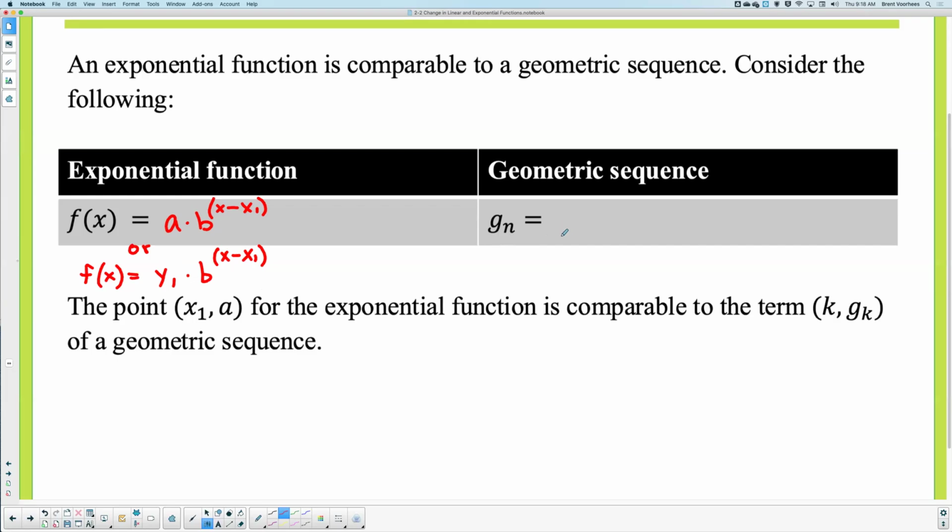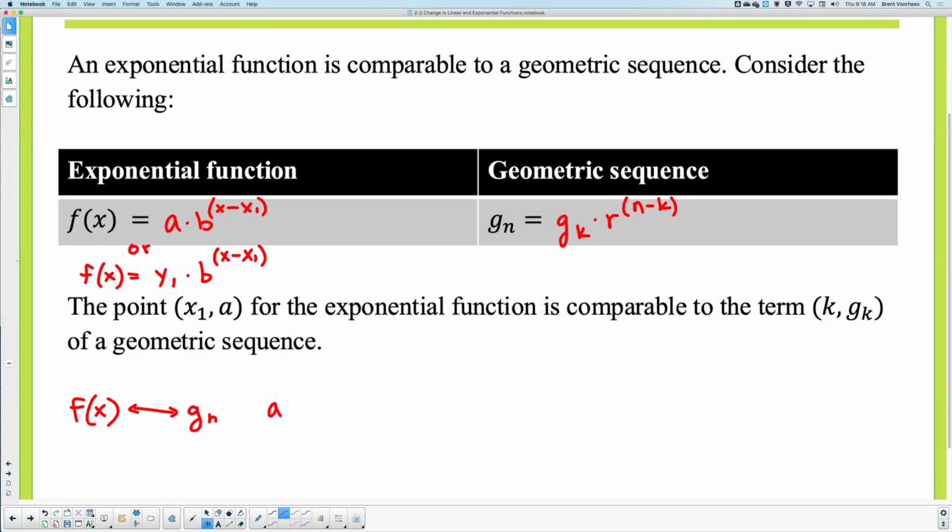Okay. Now geometric sequence. Do you remember that formula from last class? Gn equaled gk. Wasn't a d. That was for arithmetic. R for common ratio. Very good. To the power of n minus k. Okay, so let's do our comparisons. So f of x will compare to what? What is f of x comparable to? Gn.